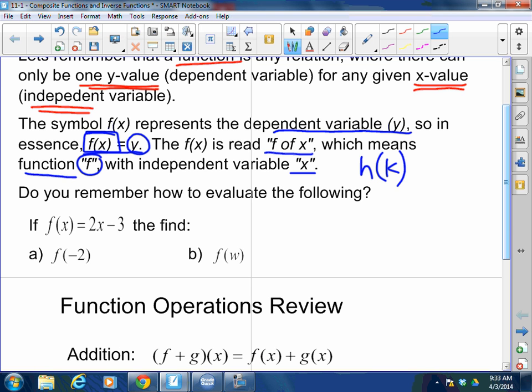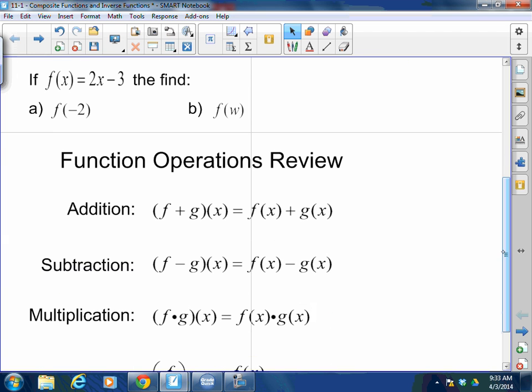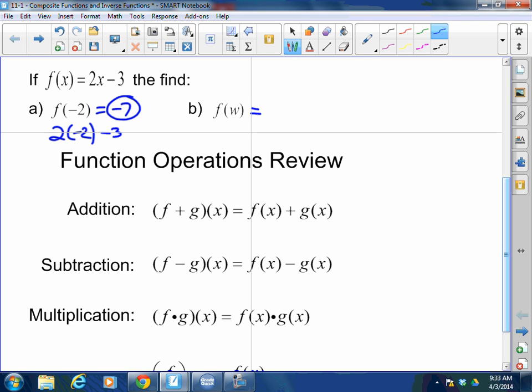Okay, let's just go through some operations. I want to make sure that you guys are sharp on top of this. If I say f of negative 2, what am I replacing the x with, my friends? So this is 2 times negative 2 minus 3, so that's going to equal negative 7. Done. What am I replacing x with in this case? w. So I'm going to go 2 times w this time minus 3.